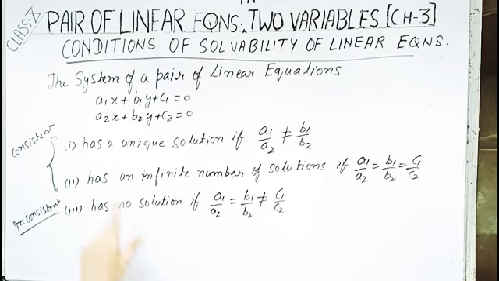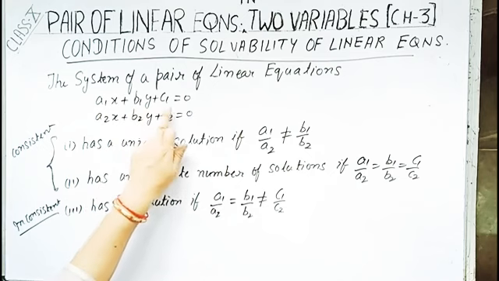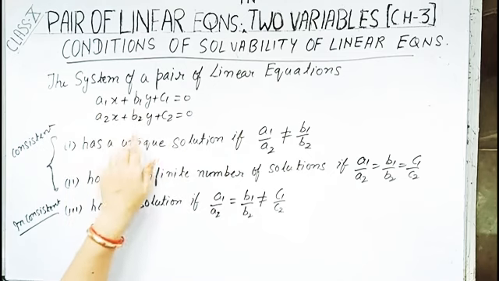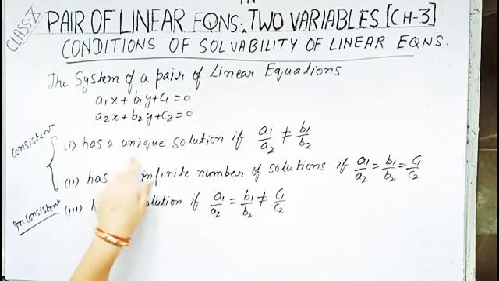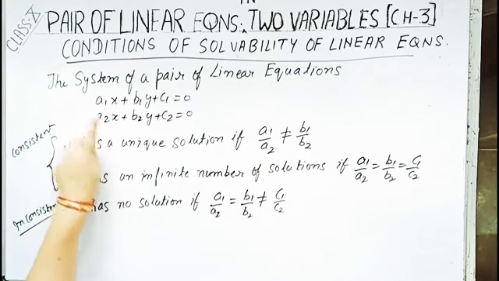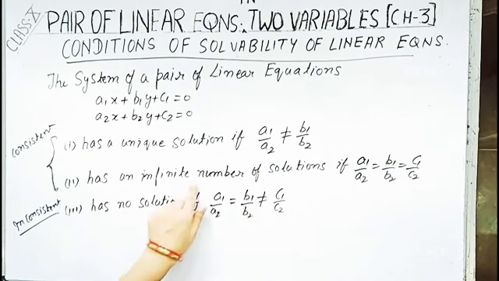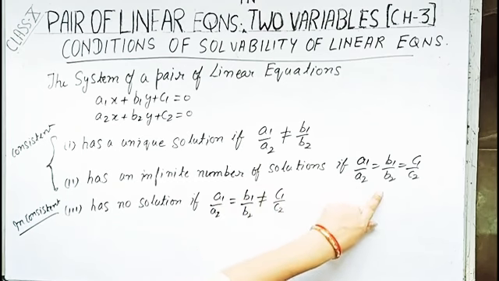Let us know that. So let the system of linear equations be a1x plus b1y plus c1 equal to 0 and a2x plus b2y plus c2 equals 0. Now this pair of linear equations will have a unique solution, one solution, if a1 by a2 is not equal to b1 by b2, and it has an infinite number of solutions if a1 by a2 equals b1 by b2 equals c1 by c2.